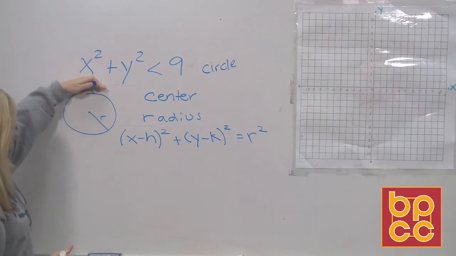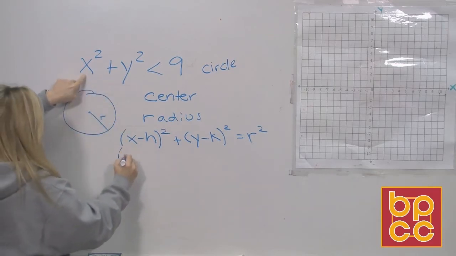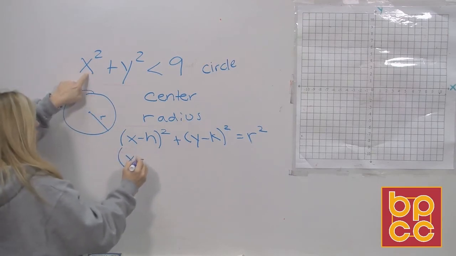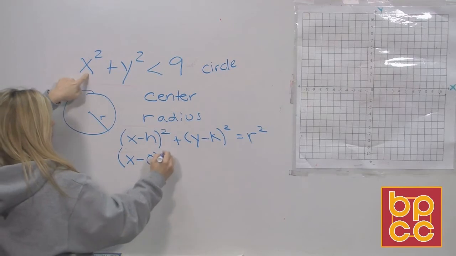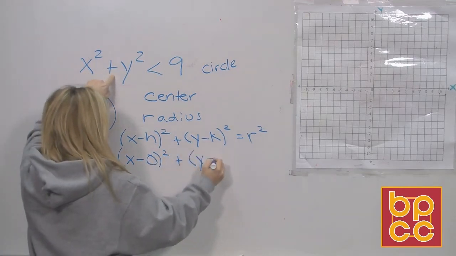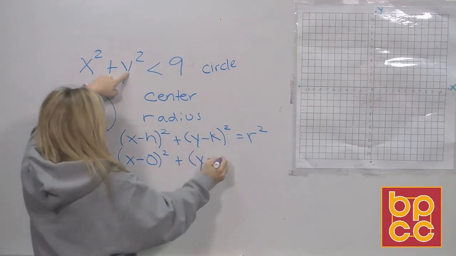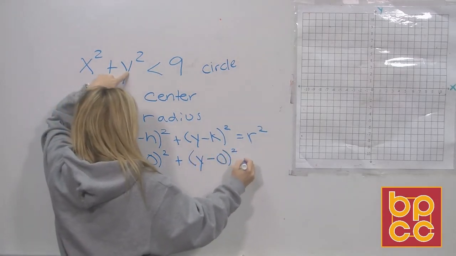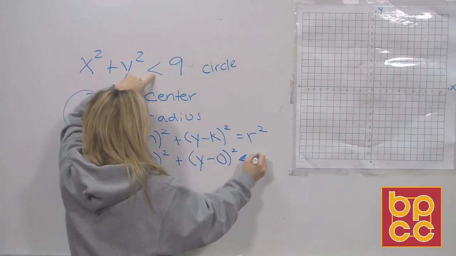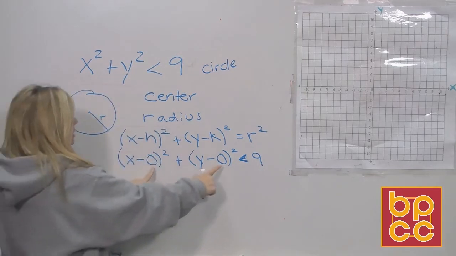This is my circle. It is in this form. It is x minus what's invisible that you could subtract that doesn't change the letter, 0, squared, plus y minus what's your invisible number you're subtracting that doesn't change the variable, that's 0, squared, equals, what doesn't say equals, it says less than 9. You now have your center, 0, 0.